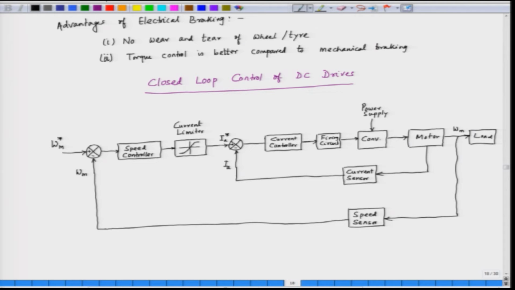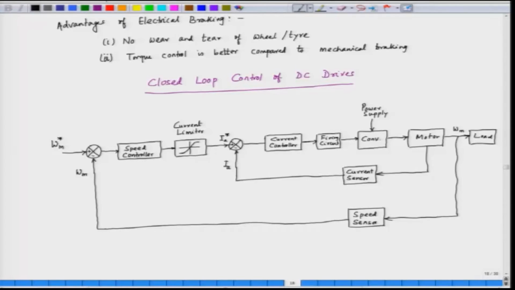Now, sometimes the converters are unidirectional. So, if the converters are in one direction, for example, a fully controlled converter, it can only supply current in one direction. So, the current limiter will only have a positive current limit.